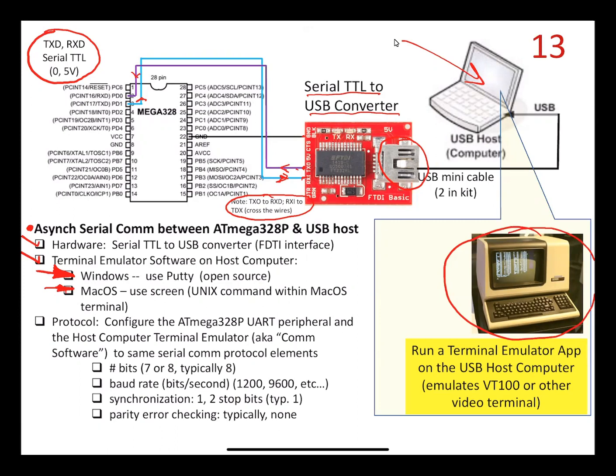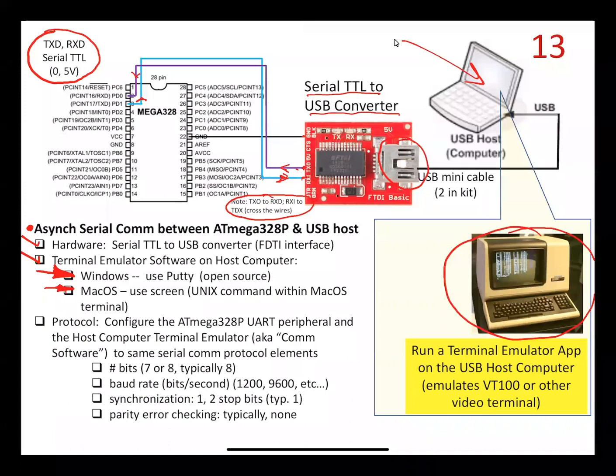We've talked about the software on your host computer. Now we have to set up the protocol, and this protocol you have to set both on that terminal emulator app on the host computer, and we have to program these bits into the UART on our Atmega 328P.